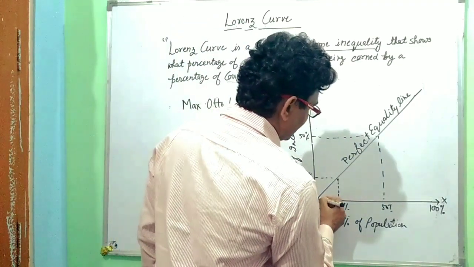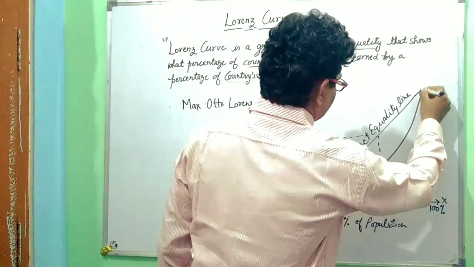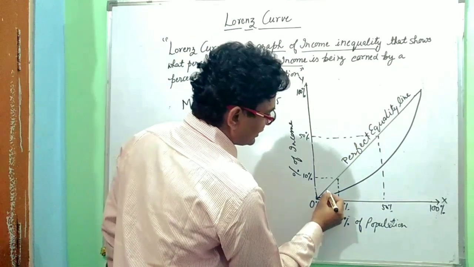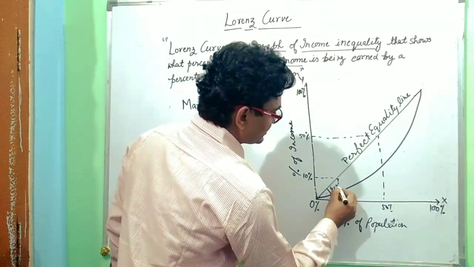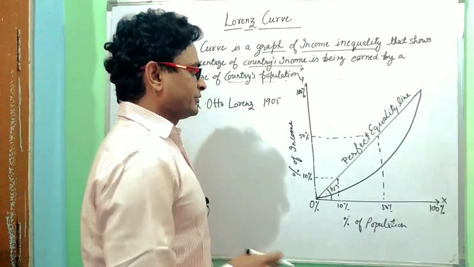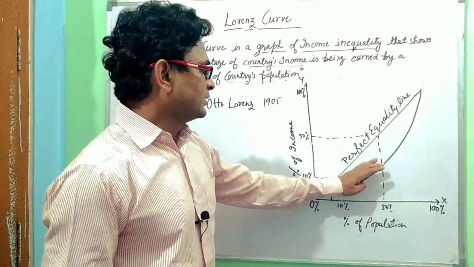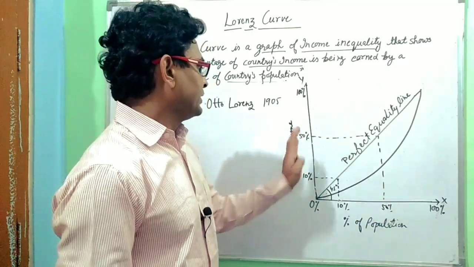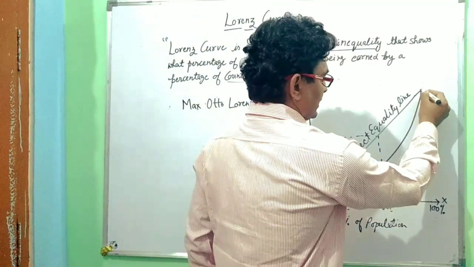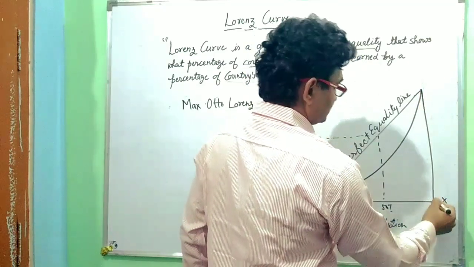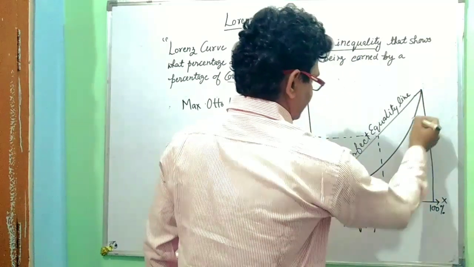So suppose we draw a Lorenz curve. Here this perfect line of equality, if we say in geometrical terms, is 45 degree, which means that it is equally divided between population and income. Now we have drawn a Lorenz curve for country A. This is the Lorenz curve.